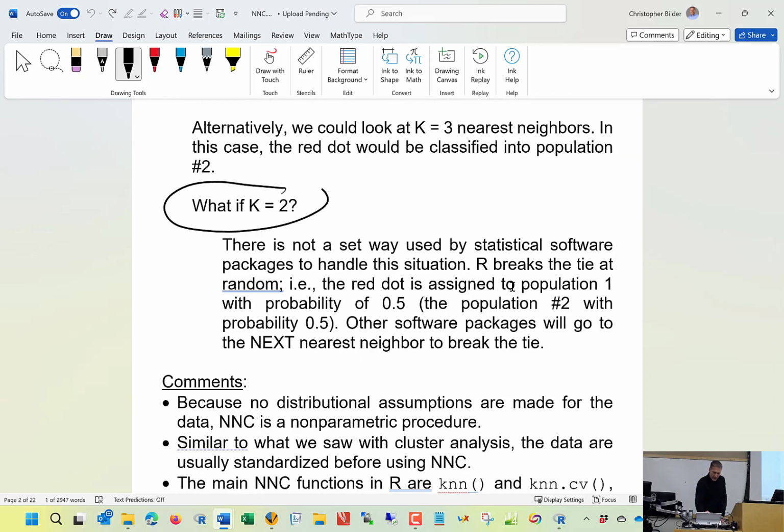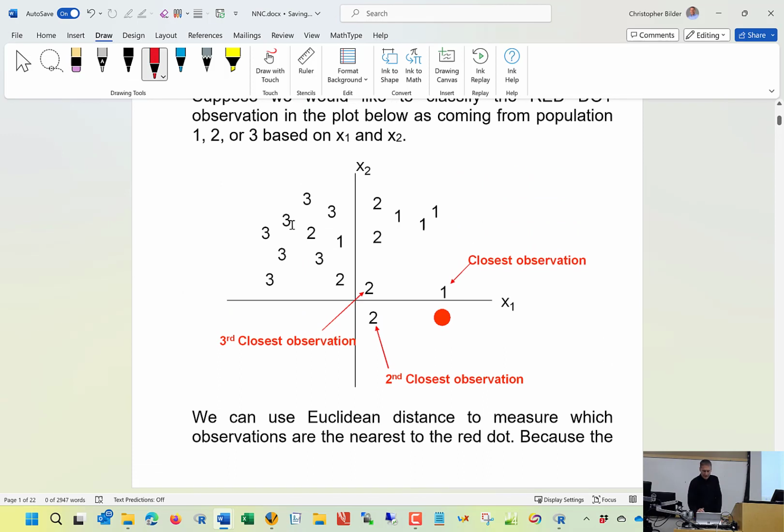Well, what if we had k equal 2? So the two closest observations are here. Now we have a tie. So what should you do for your classification or prediction? There's not a standard.